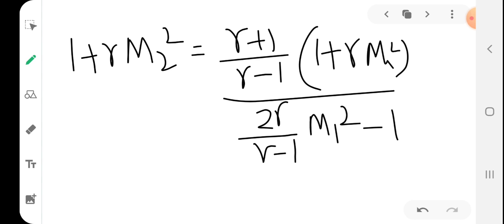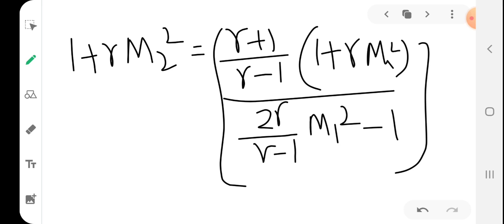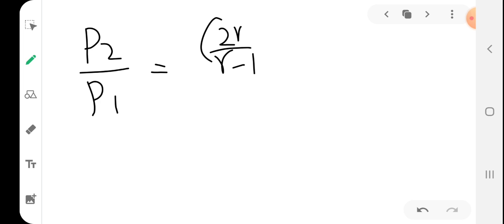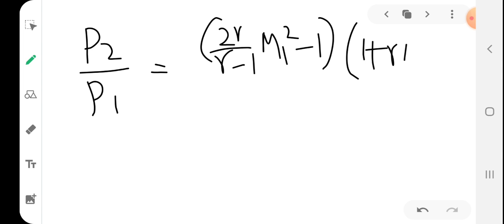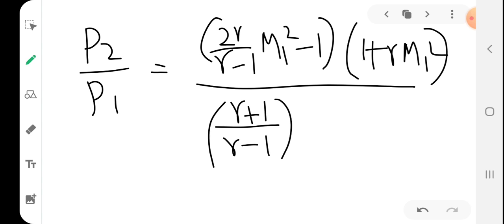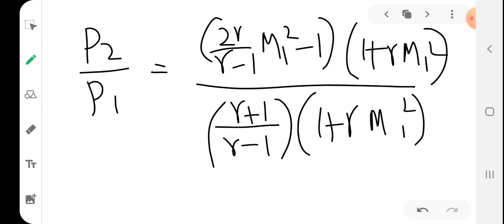So substituting this equation for P2 by P1, P2 by P1 will become 2 gamma by gamma minus 1 M1 square minus 1 into 1 plus gamma M1 square divided by gamma plus 1 by gamma minus 1, into 1 plus gamma M1 square.